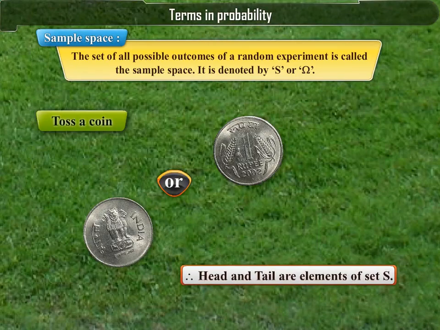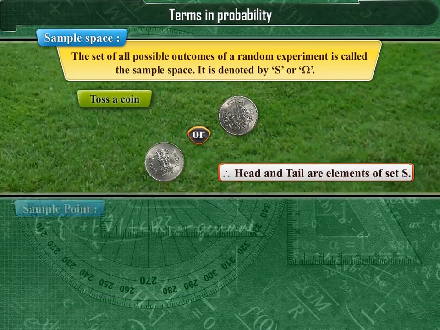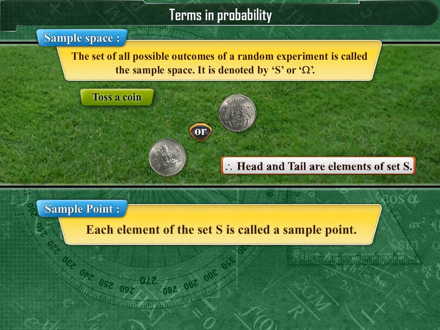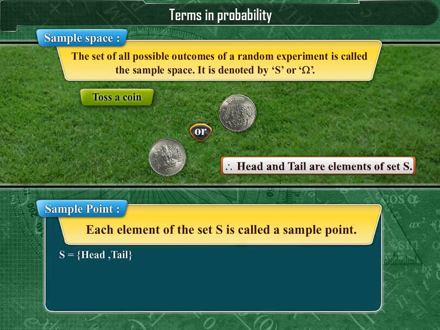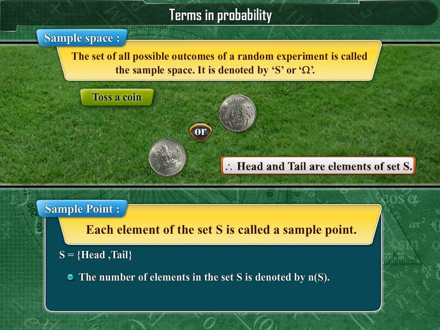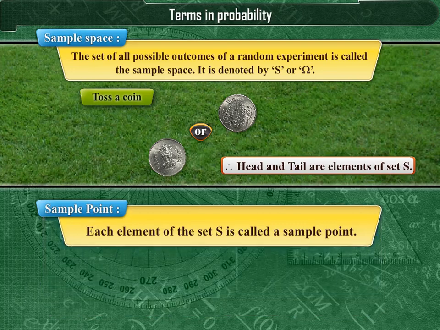Therefore, head and tail are elements of set S. Each element of the set S is called a sample point. Here, the sample points are head and tail. The number of elements in the set S is denoted by n(S). Here, n(S) is 2.